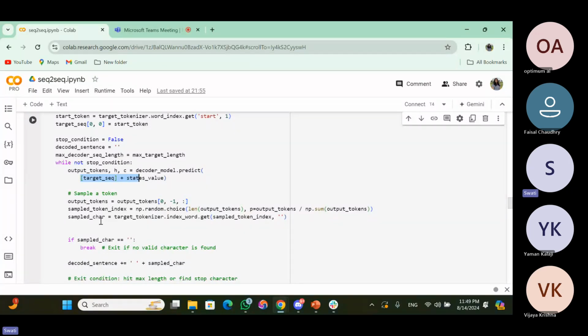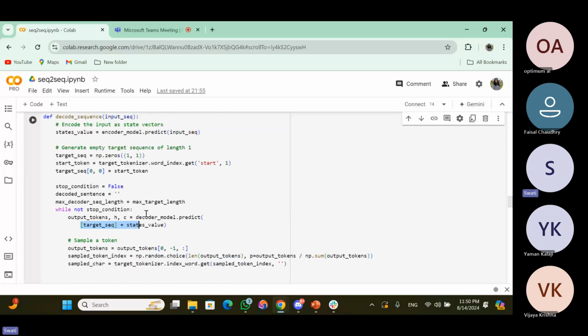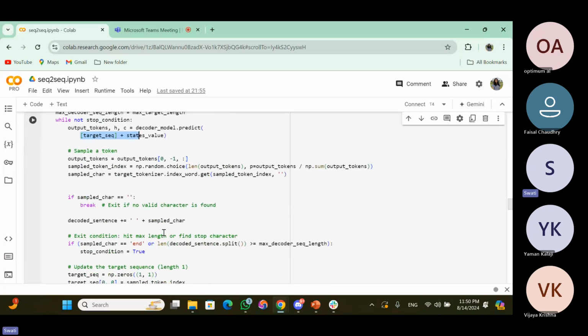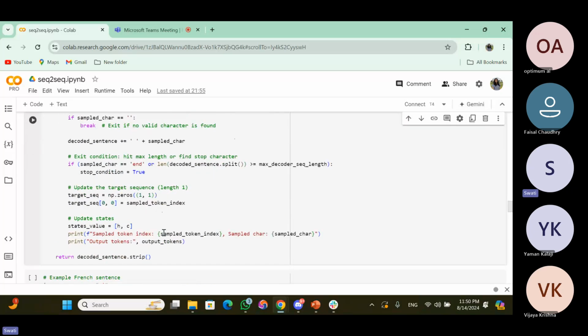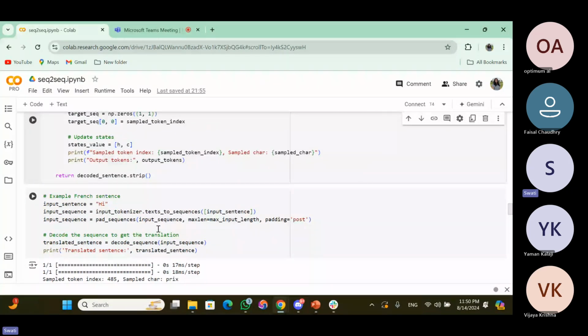So this is our decode sequence function. Finally, after giving the start and end functions, we see how this gives the output. We say hi.